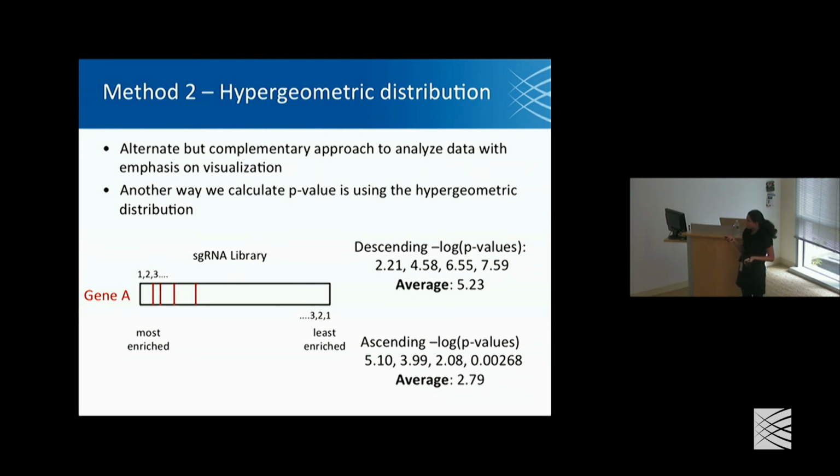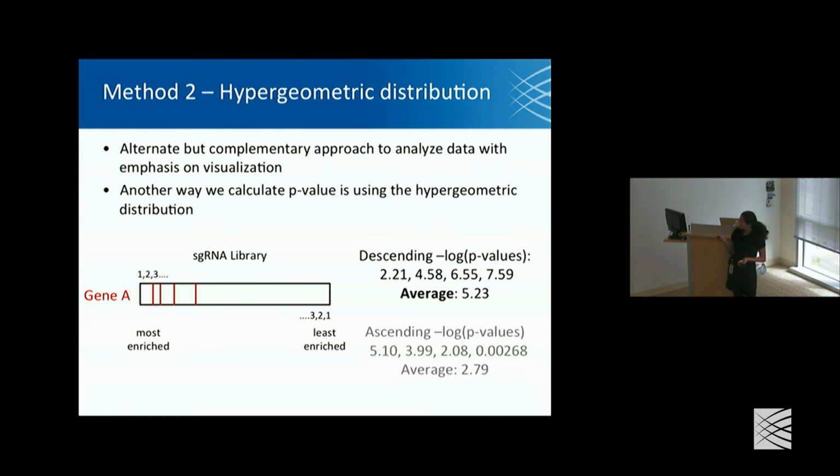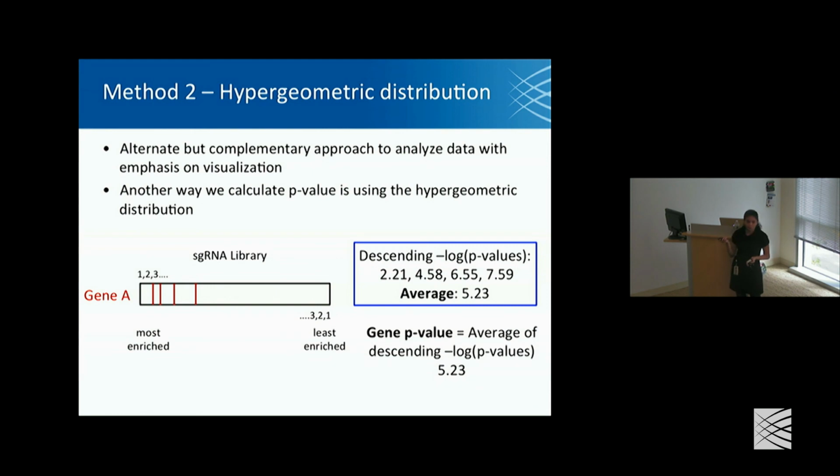And we take the average of these p-values. So now this particular gene A has 2 different p-values, and how do we pick one value for this gene A? What we do is just pick the most significant one, and this gets assigned as the p-value for this particular gene. And you do this for every single gene in your library, so each gene ends up having a p-value.